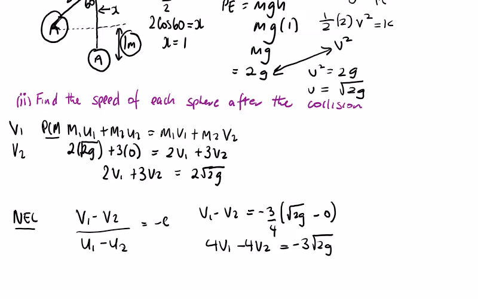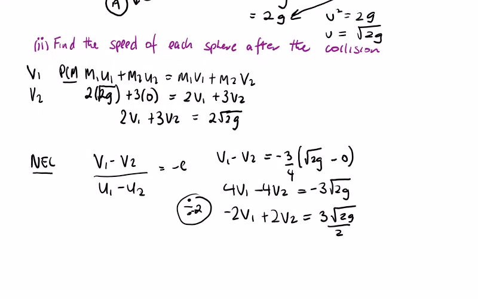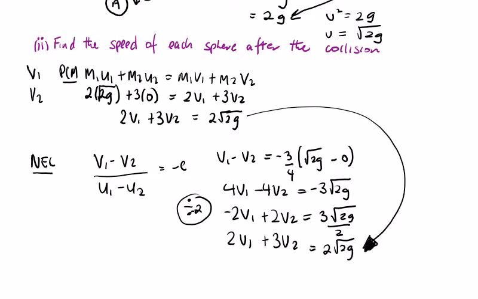We have 2v1, so if we divide this line by minus 2, we'll be able to eliminate the v1s. So minus 2v1 plus 2v2 is equal to 3 root 2g over 2. Bringing this one down, 2v1 plus 3v2 is equal to 2 by the square root of 2g.